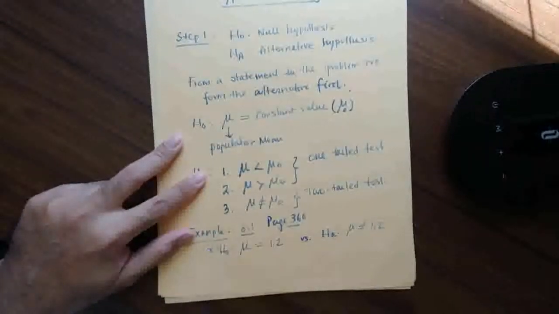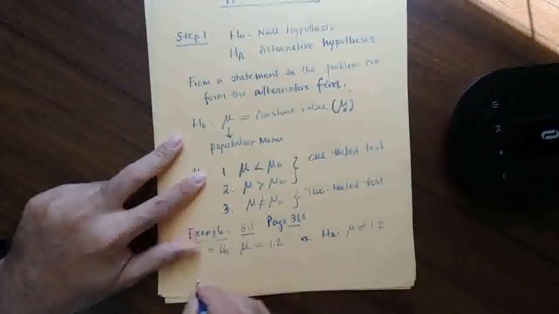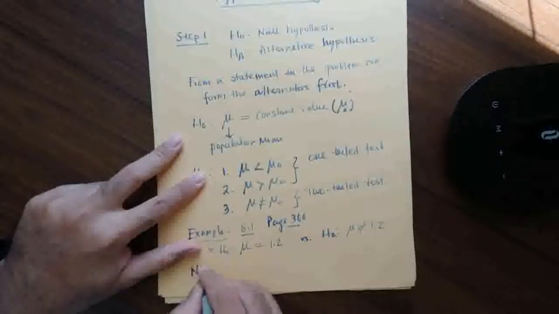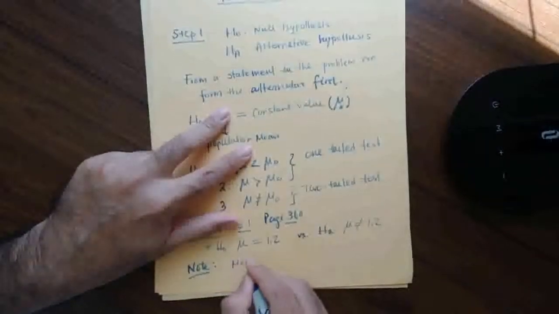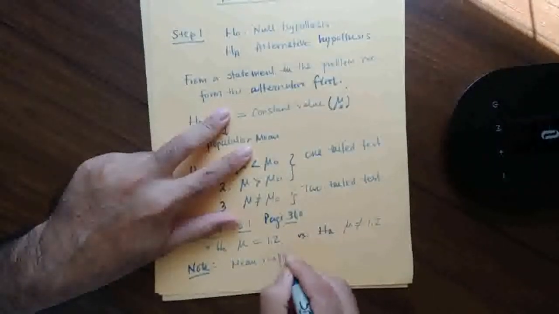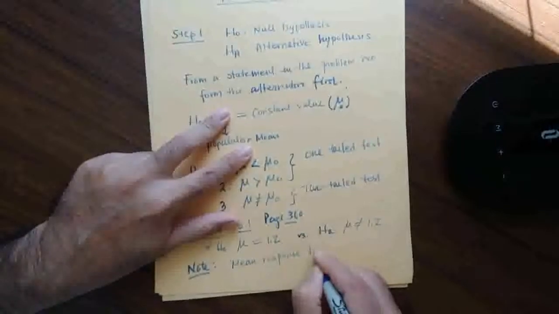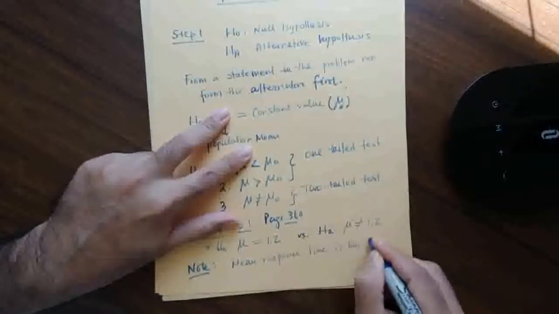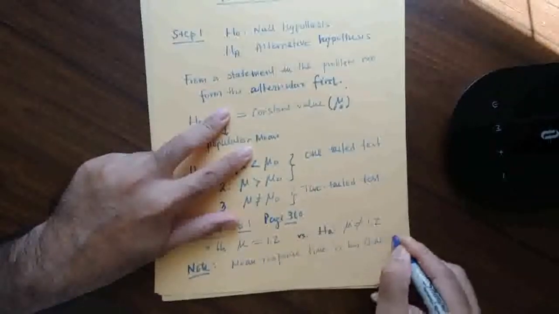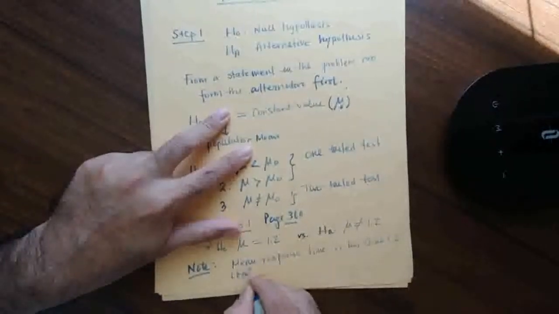So this is given in the book, but that can be different if I make a statement like the mean response time is less than 1.2 that we want to test.